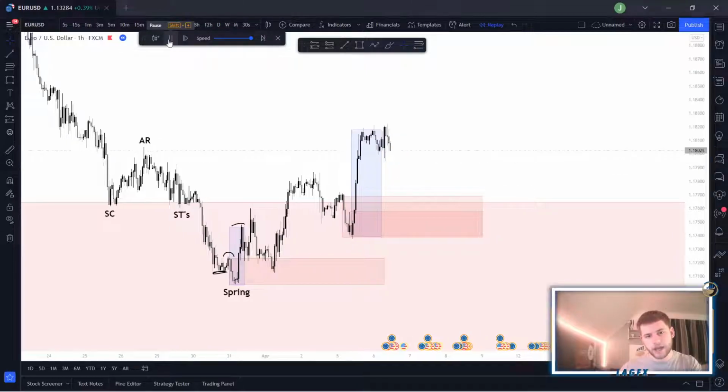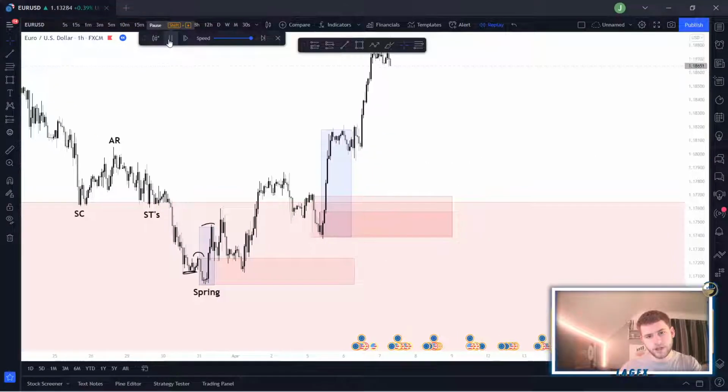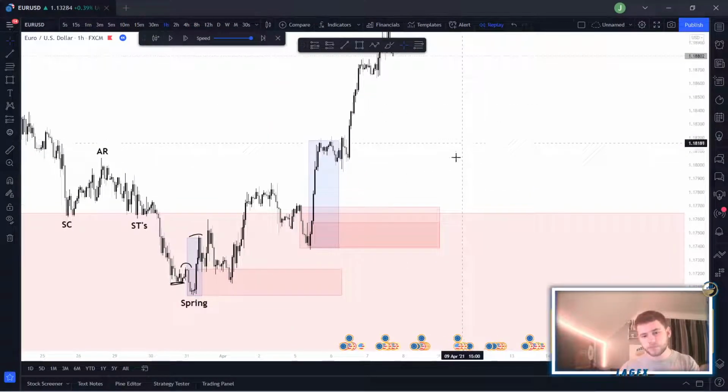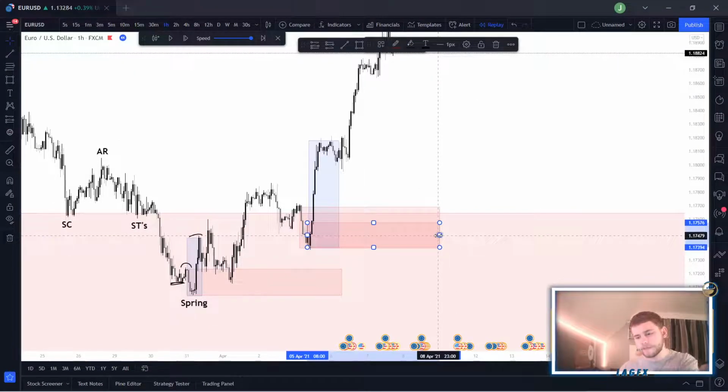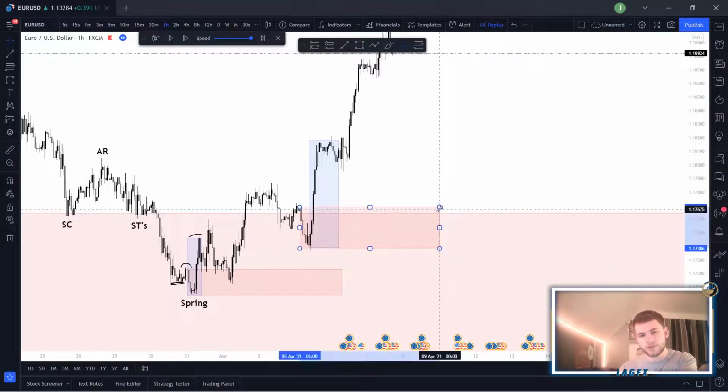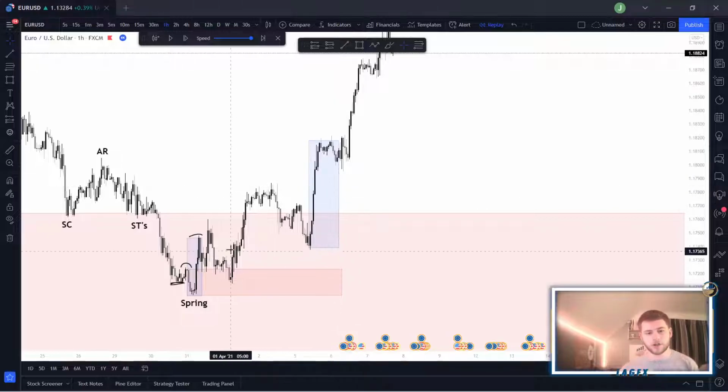If we play price out, we'll see if price does actually eventually come to tap this. No, it doesn't, price takes off. That's completely fine. You will find this sometimes with those Wyckoff schematics, because we've now had that shift, that S&D flip. What's happened is so much demand is in the market that it's so much harder for price to cause a reversal and a move lower. This is an example of a rally base rally.